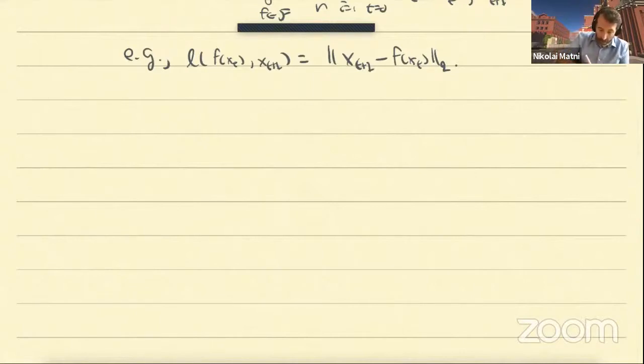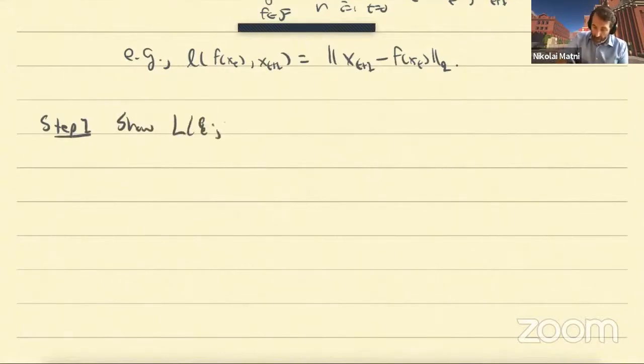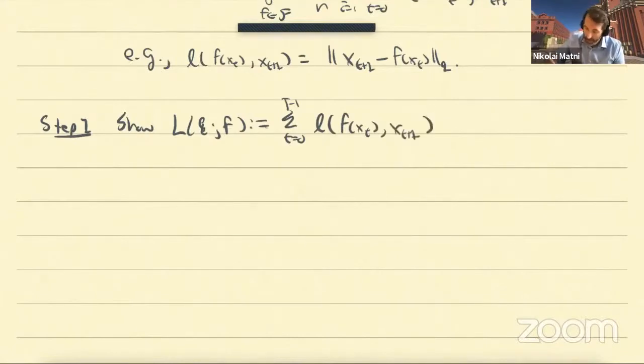So step 1 is I need to show that this loss function, which I'm just going to use as shorthand for the rolled out prediction error, is bounded for all initial conditions less than B0 and all f in F.